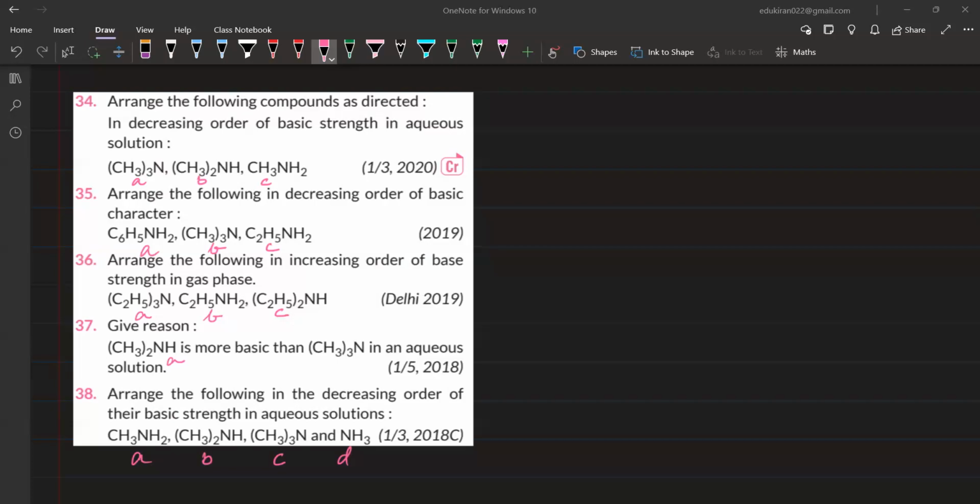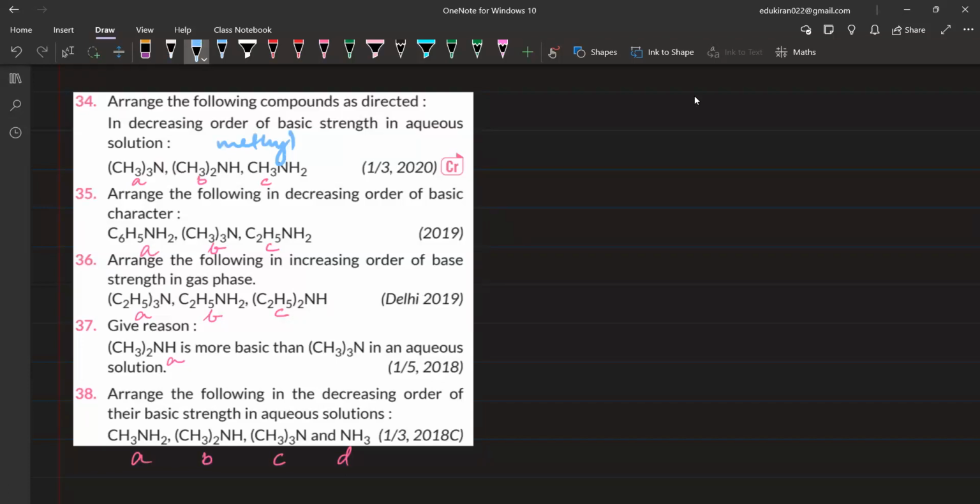Here guys, actually. Okay, the decreasing order of basic strength, again, mainly you have to understand the 2 degree one. 35, 34. What do you have here? Here you have methyl, okay? Methyl substituent. So in methyl substituent what is the order?